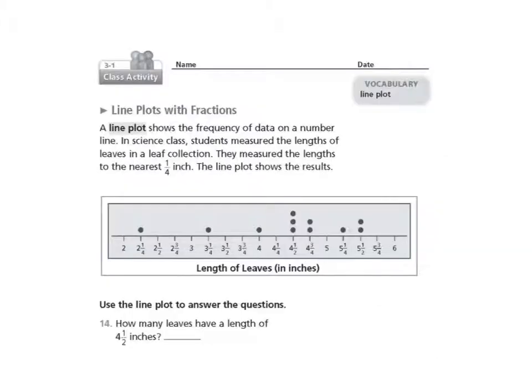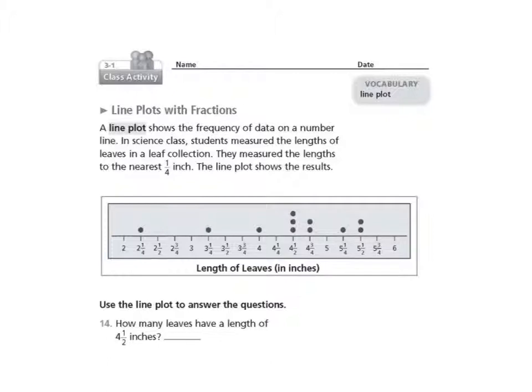Finally, this is a line plot, and a line plot shows the frequency of data on a number line. What that means is how often you hit something. So let's say that when we were measuring our feet, we could plot that.